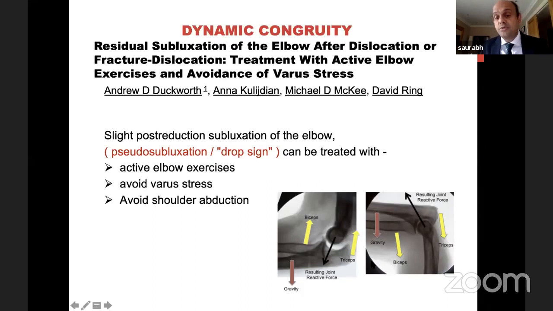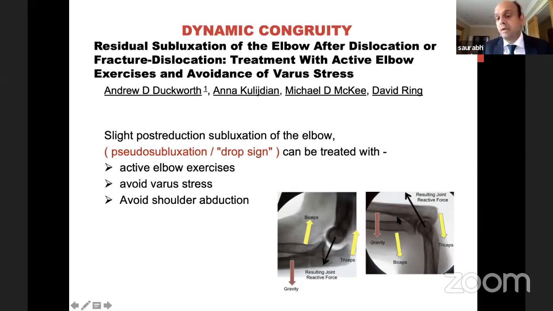This picture I put here to show you the effect of gravity on elbow exercises. If you're doing elbow exercises in this motion, because of gravity it is going to take your radius and ulna away from the joint. You will get this pseudo subluxation. So ask patients to lie down and then move the elbow in this position.